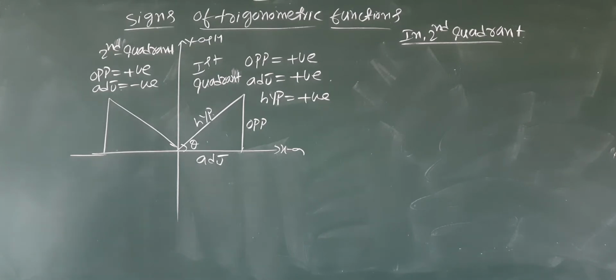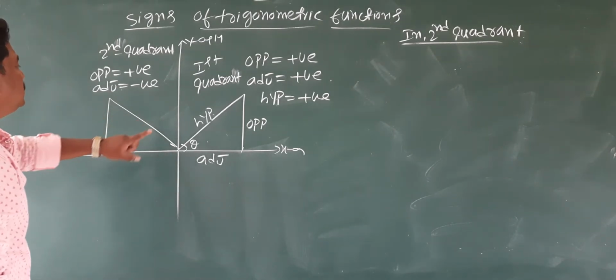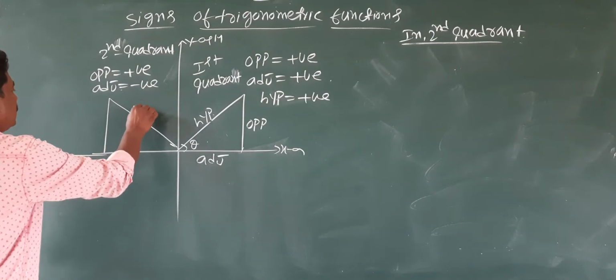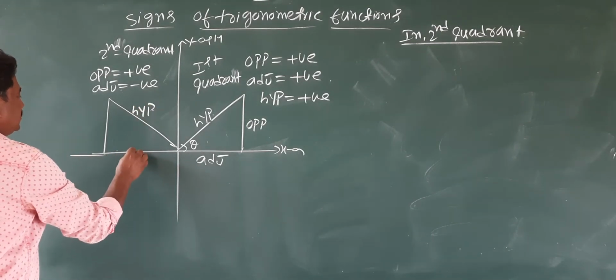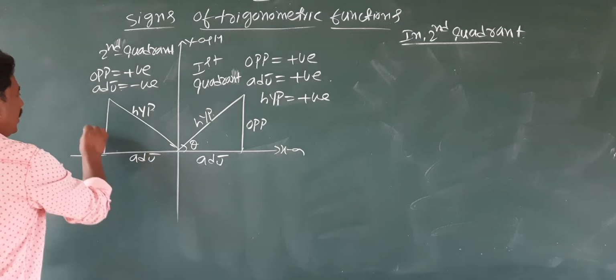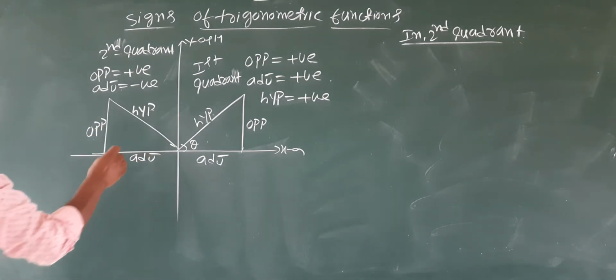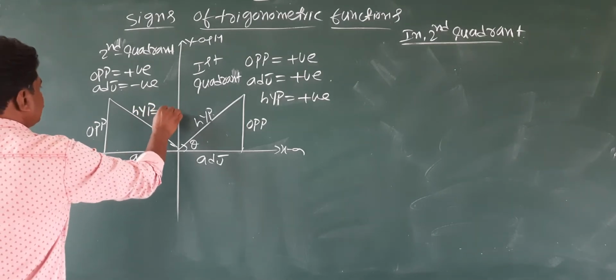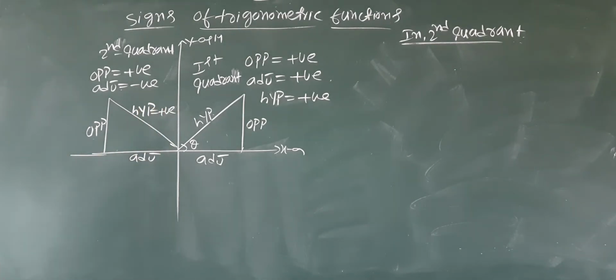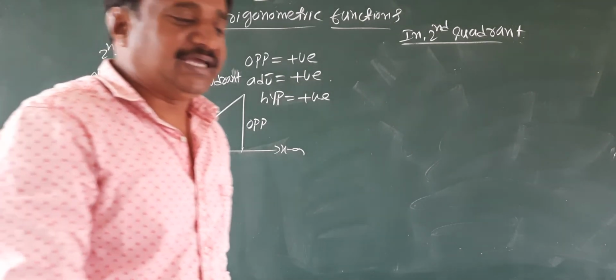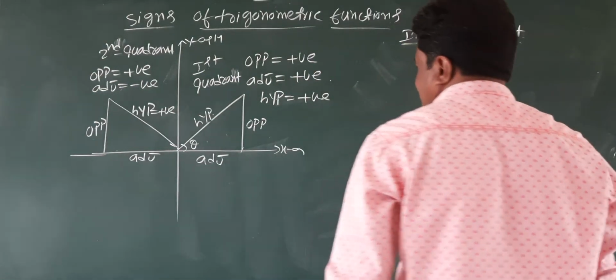Next, the hypotenuse. As I told you, this is the hypotenuse, with adjacent and opposite. Hypotenuse is always positive. Using that, let us check the signs of trigonometric functions.